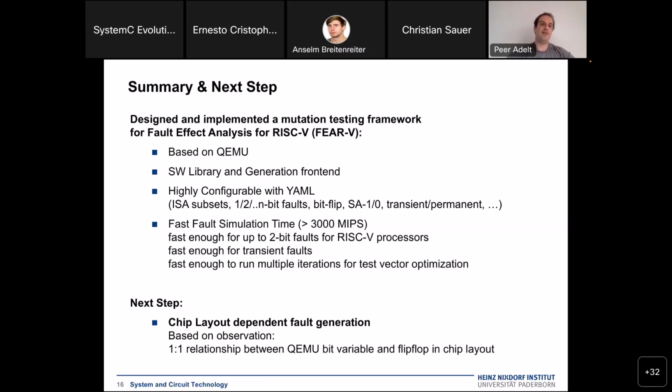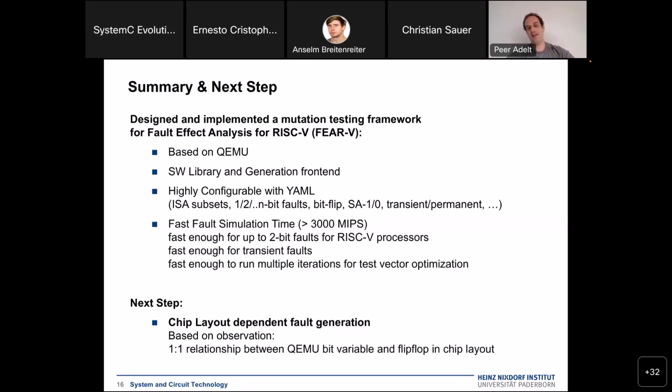The last takeaway for FEAR5 is that it's really fast, and it's in the state that I just showed you already fast enough for 2-bit faults. If you limit the 2-bit faults to be in the same resource, for example, in the same instruction or in the same register. It's fast enough for transient faults.